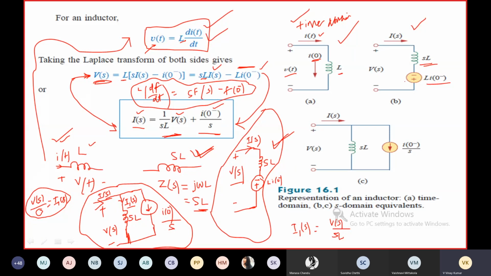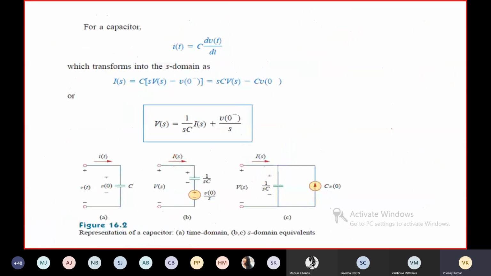Based on the current equation, I of S is equal to the current flowing through this element plus the current flowing through this one. The current through this is V of S by SL, so I of S is V of S by SL plus I of 0 minus by S, downwards, because both are outgoing currents. Both should be outgoing because this is the sum of these two currents. I hope it is clear.